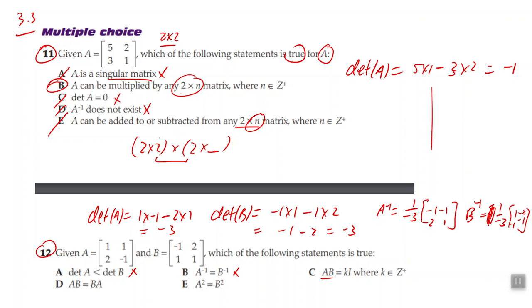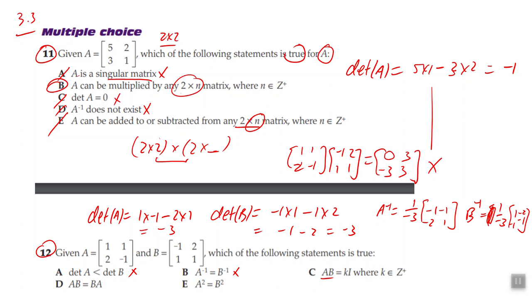AB is a multiple of the identity, so A times B, let's check. -1 plus 1, 0, 2 plus 1 is 3, -2 minus 1 is -3, 4 minus 1 is 3.